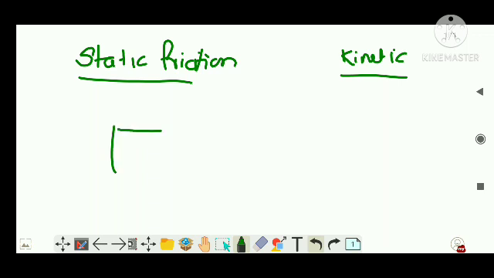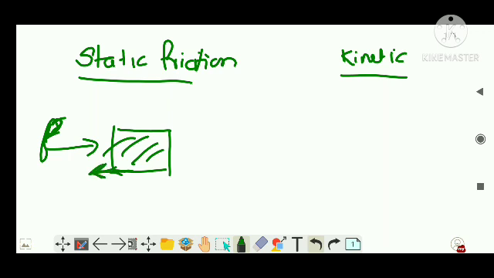Suppose there is a block like this. It is a heavier object. I am applying a very small force, let's say small f, and the block is not moving. Why? I have applied some force, yet the block has not moved. That means there has been some opposition, due to which the object is not able to move even if the force is applied.